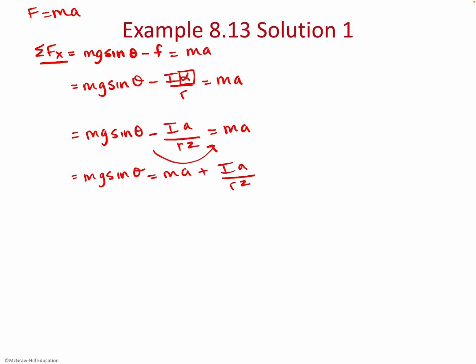That's our goal. So I'm going to try to get rid of this denominator by multiplying both sides by radius squared. So I have radius squared times mass times gravity sine theta is equal to mass times acceleration plus moment of inertia times acceleration.